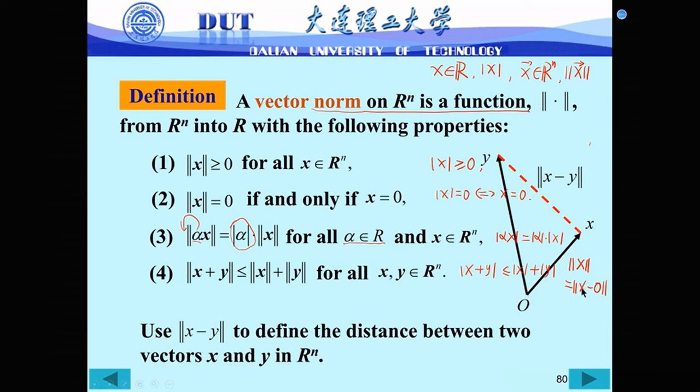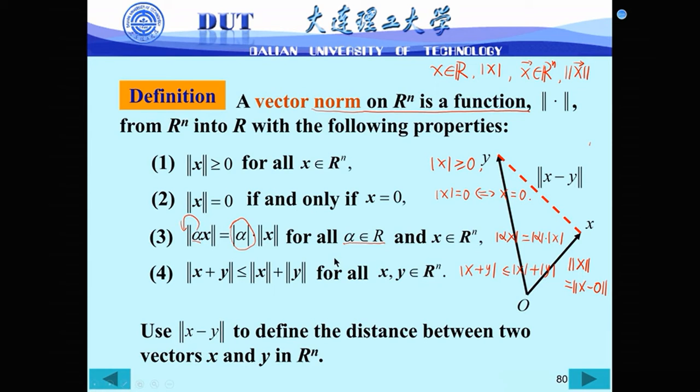So this means the distance between the point x and the original point. So that means the norm defines the length. That is why we need a vector norm. Now we can just use a number to represent it, right?